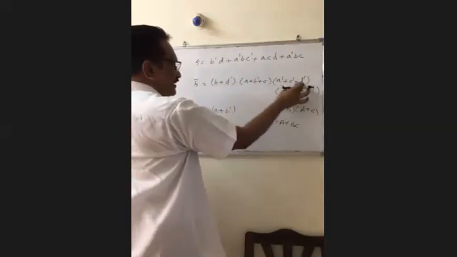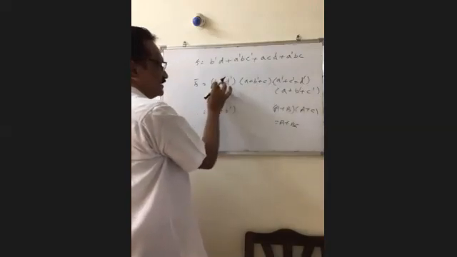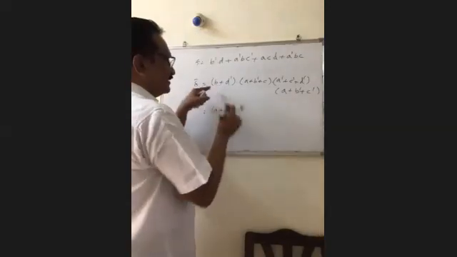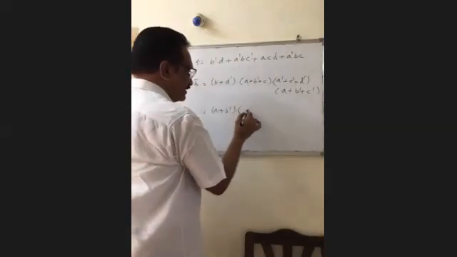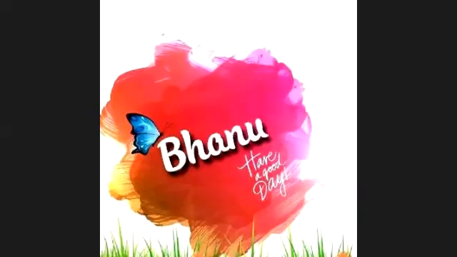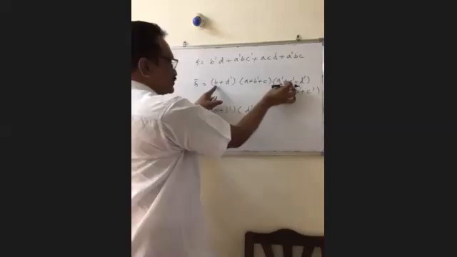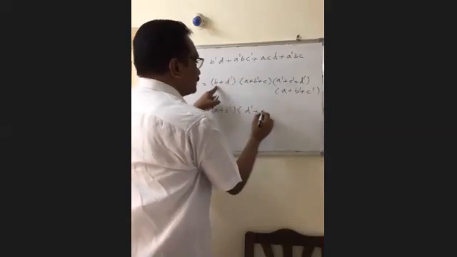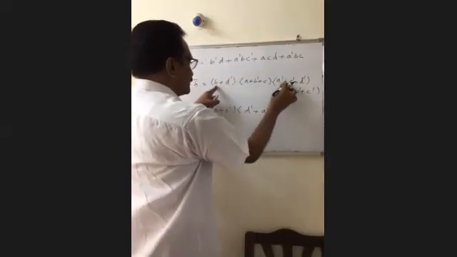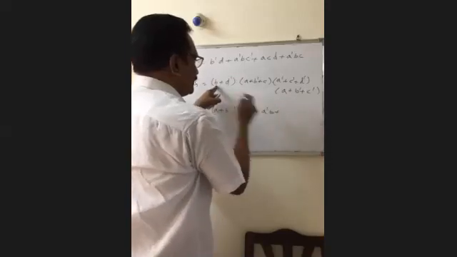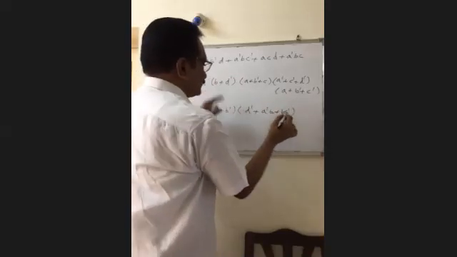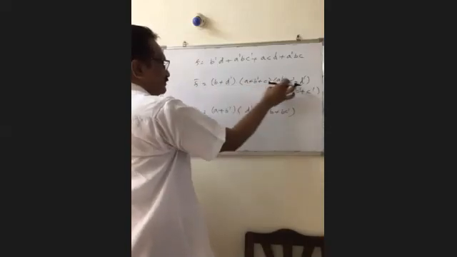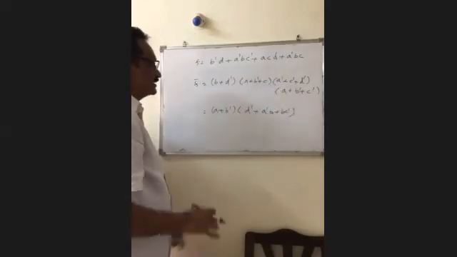So it can be written as, according to the distributive law, from the first and the third terms, d dash plus the product of these two. That means a dash b plus b c dash. The product of these two, a dash b plus b dash into c. Sorry, or b into c dash.